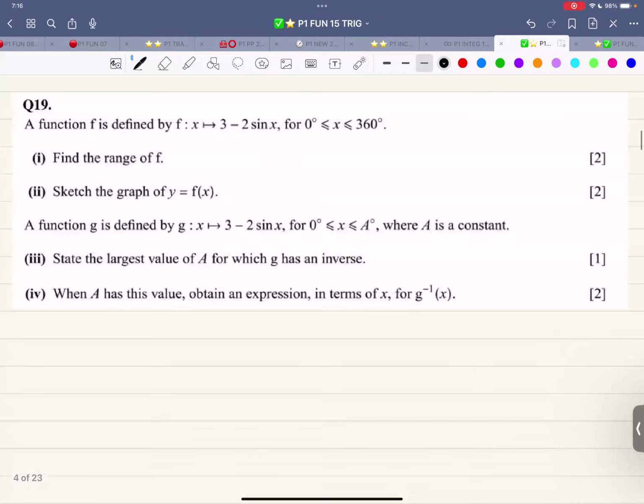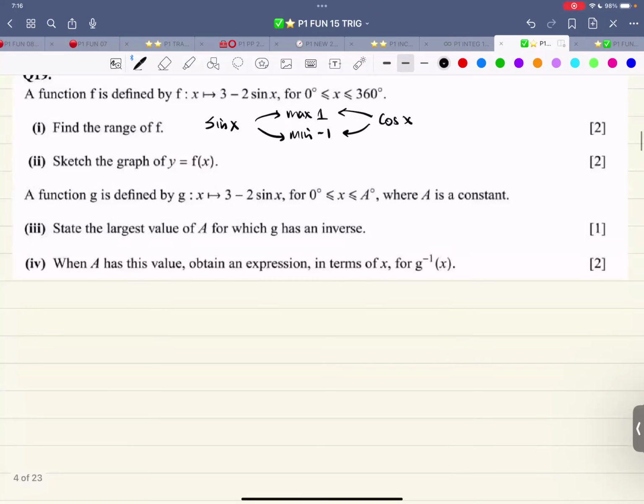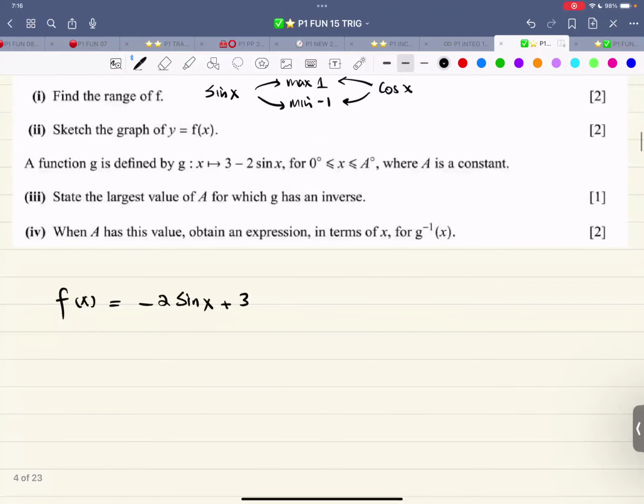And if I look at this question, when I talk about the range, so the maximum value, when I talk about sine x, the maximum is 1. The minimum is -1. That is the same thing if I would talk about cosine x. So if I have f(x) = -2 sin x + 3, that's the proper way to write it.